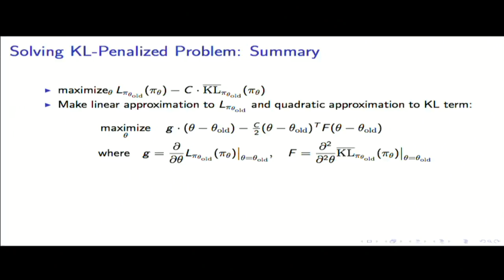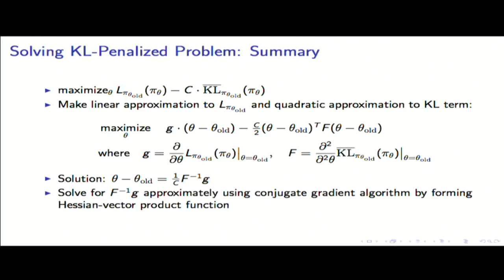Now we're maximizing this quadratic form, and what we get is that our step is just 1 over a constant times f inverse g, where f is the second derivative of the KL divergence, and g is the gradient. Since we are never forming f explicitly and we're not solving this exactly, we're going to solve for this term approximately using the conjugate gradient algorithm, by forming the Hessian vector product function and then using that for the conjugate gradient algorithm.